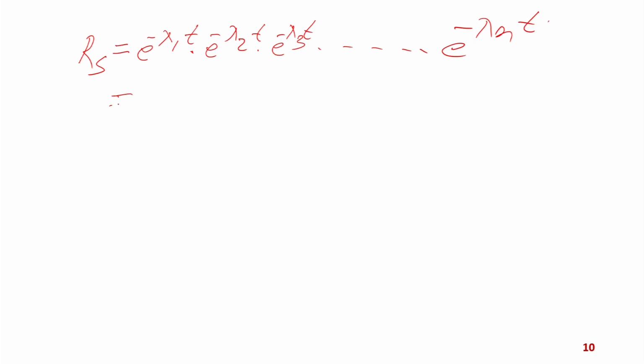So, this is equal to e to the power minus lambda 1 plus lambda 2 into t.